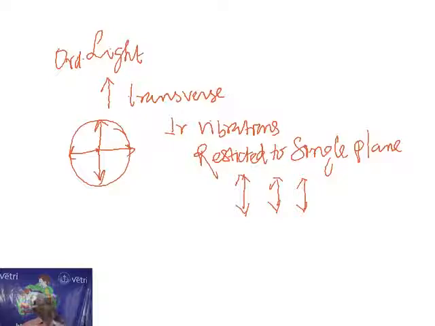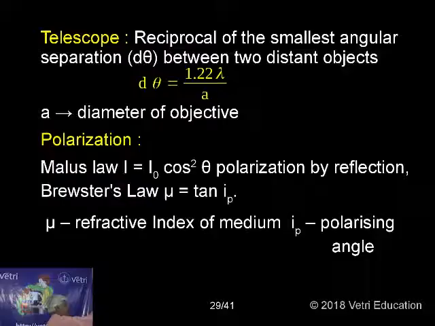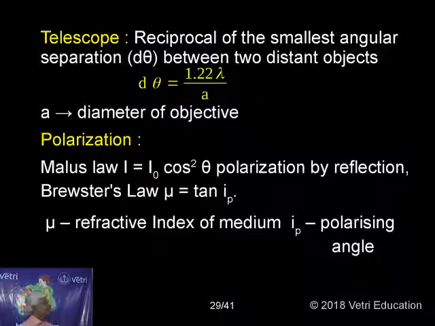It is the plane in which particles are vibrating. What is plane of polarization? The plane which is perpendicular to plane of vibration is called plane of polarization. Or it is the plane where no vibration of particle is expected. Like that you have to remember the definitions and make sure of it.